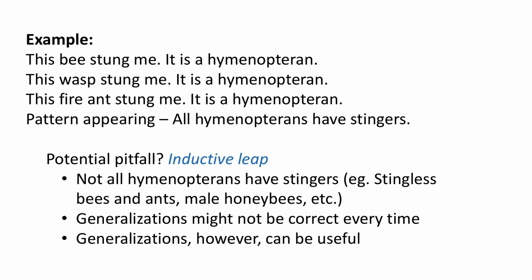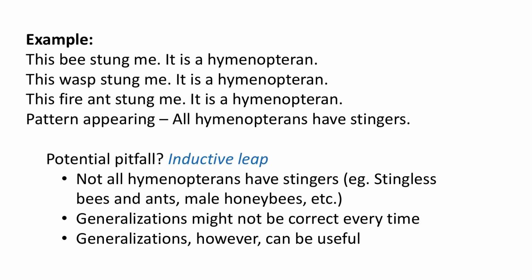If we dig more deeply into hymenopterans, we find that not all hymenopterans have stingers. Some examples include stingless bees and ants, male honeybees, and others. So generalizations might not be correct every time. However, they can be useful.